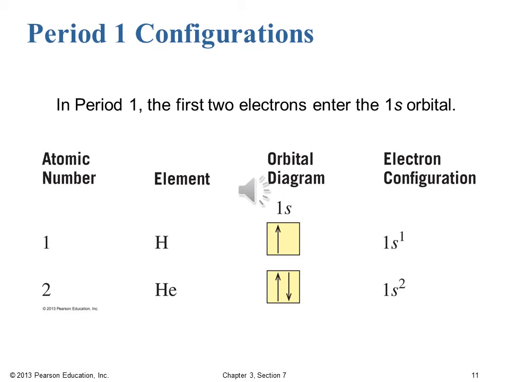For helium, now we have element 2, 2 protons in the nucleus for a neutral atom of helium, therefore 2 electrons outside the nucleus, and an orbital diagram of spin up, spin down, a spin pairing there to fill the 1s, or if we want to use the electron configuration shorthand notation, it's 1s2.